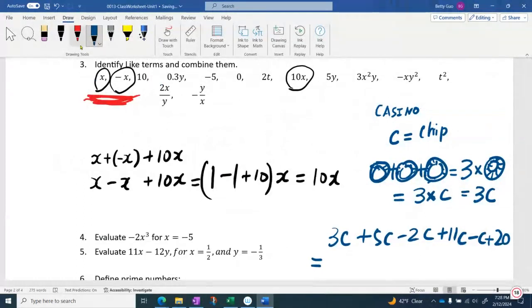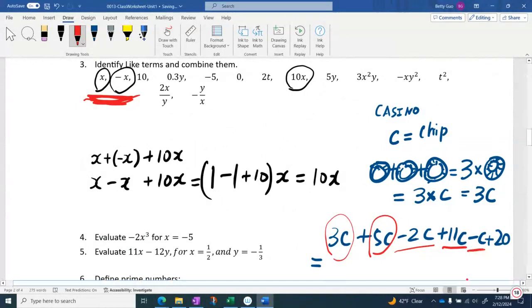This is a term, coefficient 3, variable part C. This is another term, coefficient 5, variable part C. This one has coefficient -2, variable part C, then coefficient 11, variable part C, and this is coefficient -1, variable part C, and the last term is a constant term.